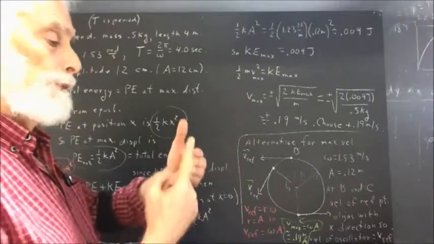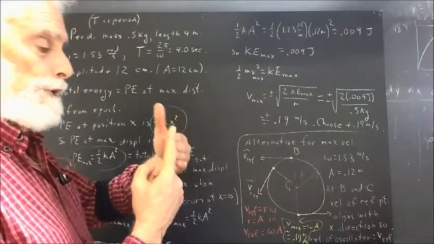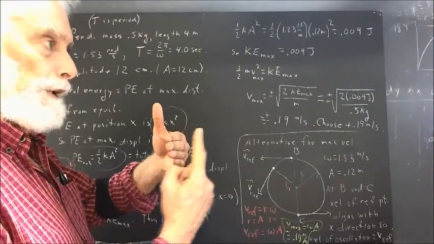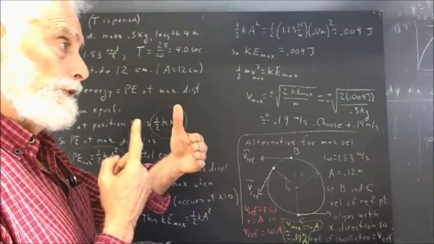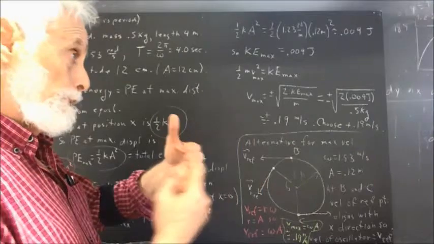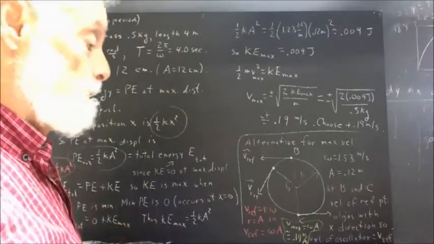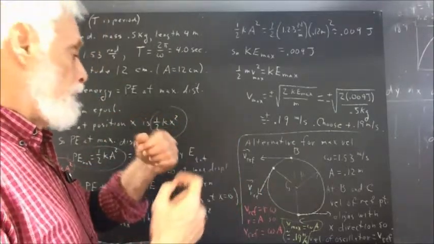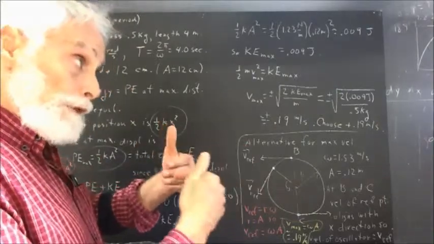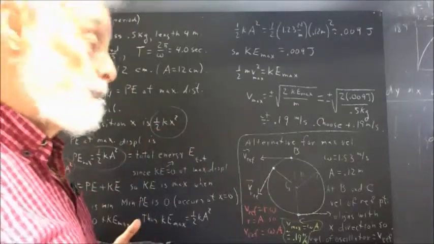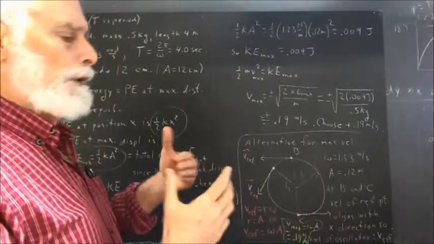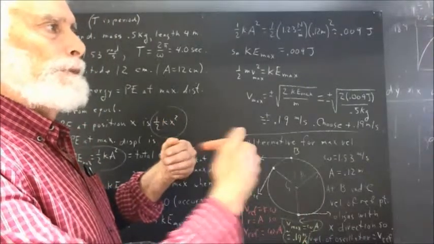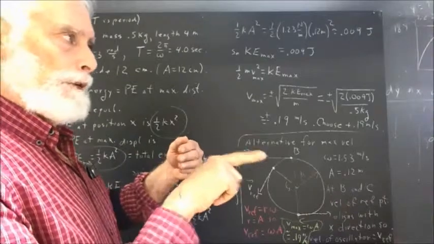Well, there are a couple of ways we can do this. One way is we can simply push on it until it's out here at 12 centimeters, then release it, and it'll go through its oscillation to negative 12, positive 12 centimeters, and so forth. When we do that, the restoring force, which is conservative in the ideal case, is pulling this way, and we're moving the pendulum this way.